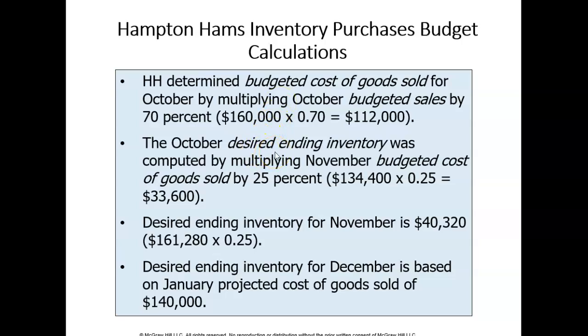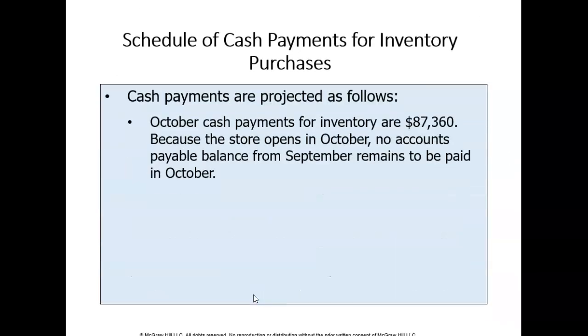Your desired ending inventory will be 25% of your cost of goods sold for the upcoming month. Okay? So for each month to get our desired inventory, we took 25% of the projected cost of goods sold for the upcoming month. That was done for October, for November, and for December.